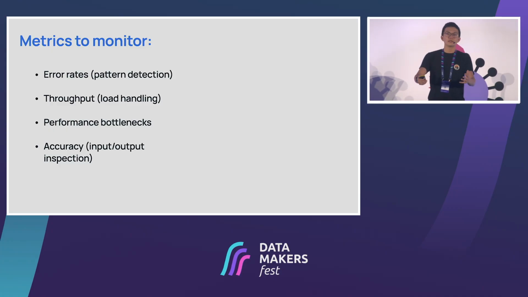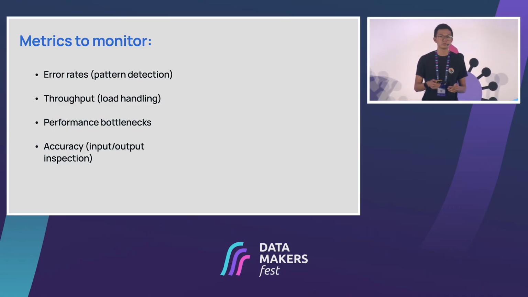So as we monitor these metrics, there are a few that we would pay special attention to. The first one, for example, would be error rate. This is how often our system is failing and why. Hopefully, this will help us detect some sort of pattern so that we can investigate into them and prevent them from happening in the future.